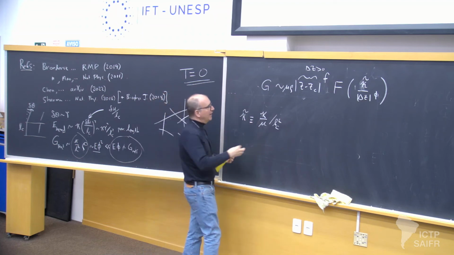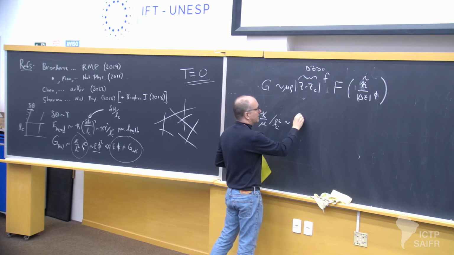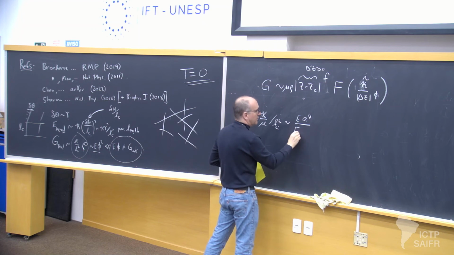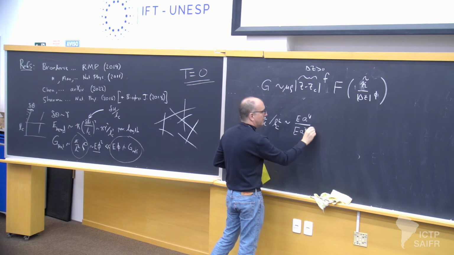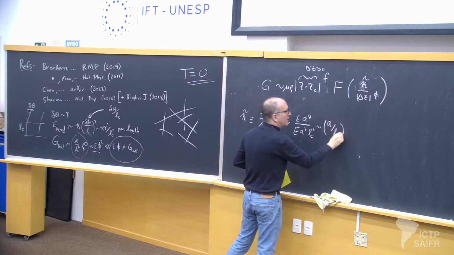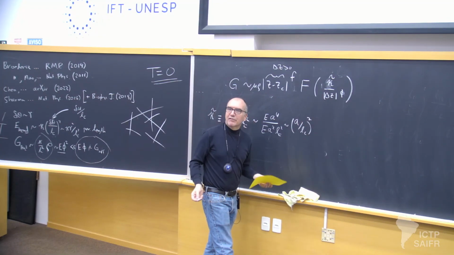And if you plug in what this looks like, it's Young's modulus times a to the 4, naively for a fiber, divided by Young's modulus a squared for the stretch modulus, 2 factors of LC squared. Notice this is just a over LC squared, which I've argued several times is essentially the volume fraction.